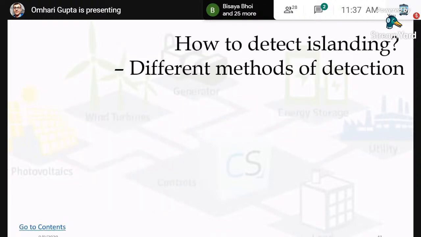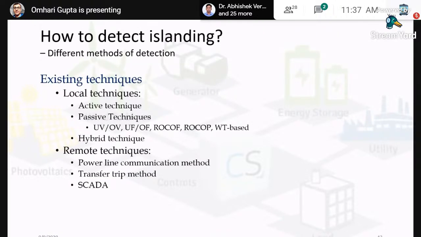Now, how to detect the islanding? There are several methods, and those can be classified broadly into two: local techniques as well as remote techniques. In local techniques, there are three types: active, passive, and a combination of both, which we call hybrid techniques.